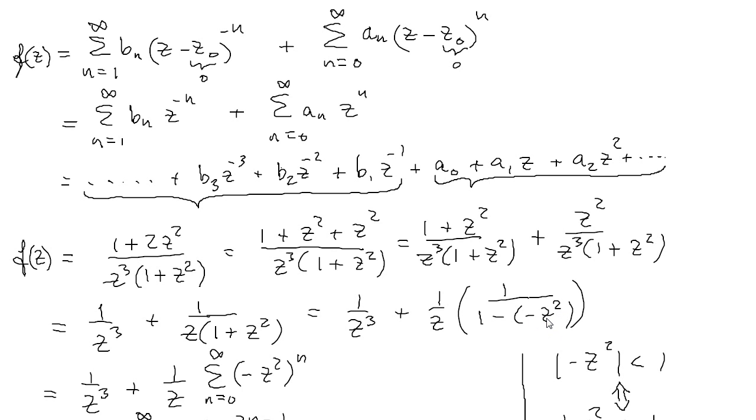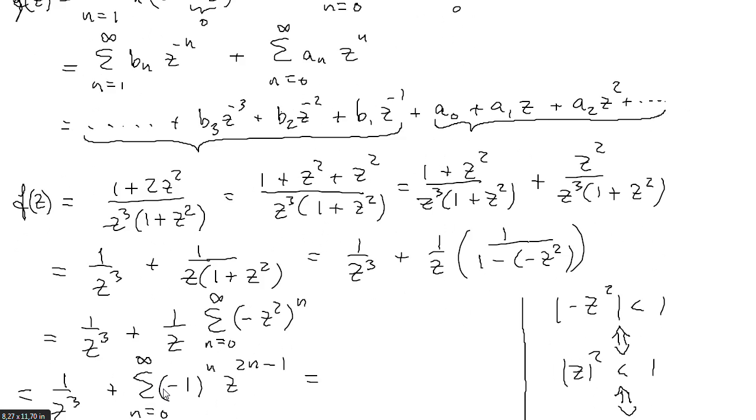We have done this before, and we know that this limit corresponds to the geometric series of minus z squared to the power of n, counting from n equal to 0 to infinity. And of course this is equal to this, so I must multiply with 1 over z here. And 1 over z is just the same as z to the power of minus 1.